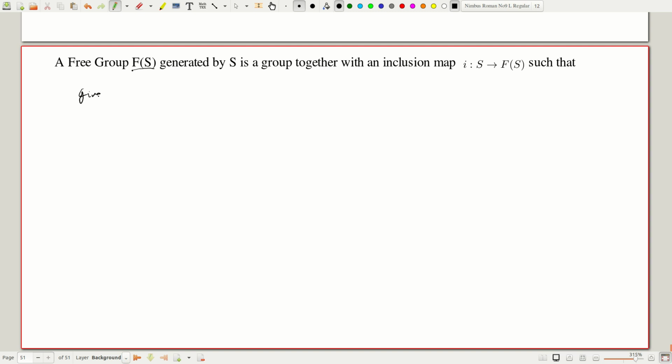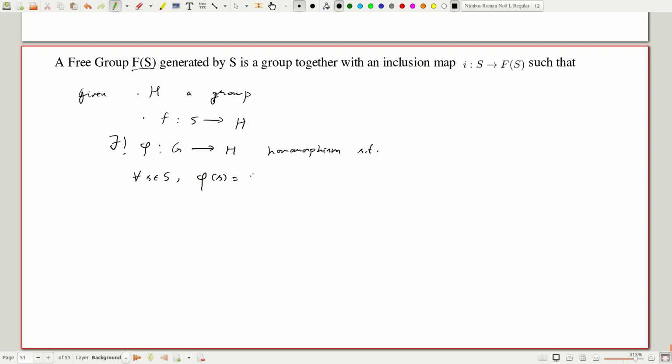Given another group, let's say H a group, and given a map at function level f from S to H, there exists a unique homomorphism phi from F of S to H, but of course not just a function, such that for all s in S, phi of s is just f of s.